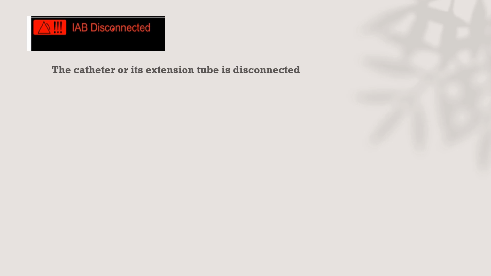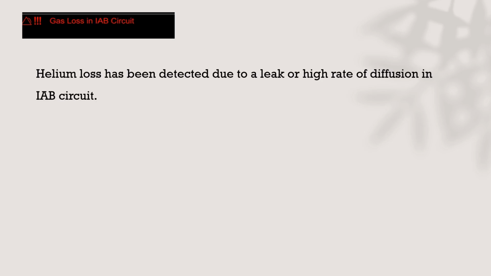If we get the alarm that the intra-aortic balloon is disconnected, the catheter or extension of the tube is disconnected. If the alarm is gas loss in the intra-aortic balloon circuit, the helium loss can be detected due to a leak or high rate of diffusion in the circuit. This also means there is perforation in the circuit. I explained how to deal with intra-aortic balloon perforation in the previous lecture.